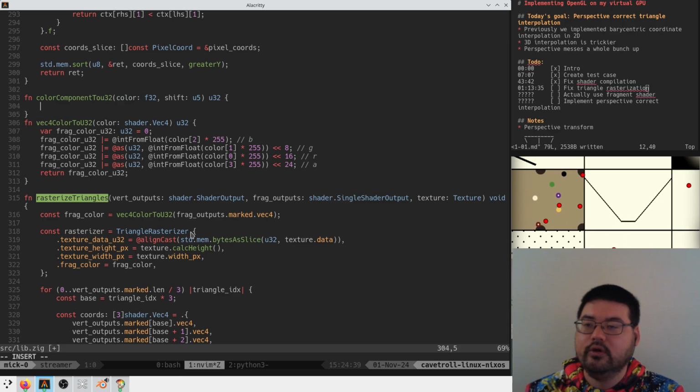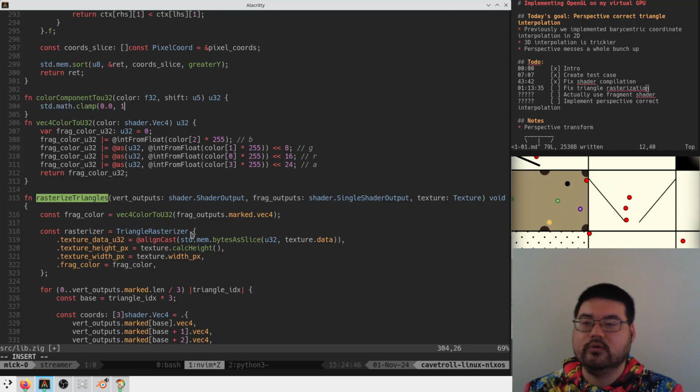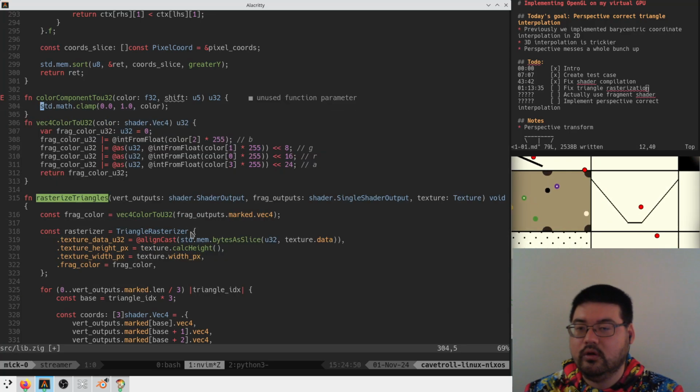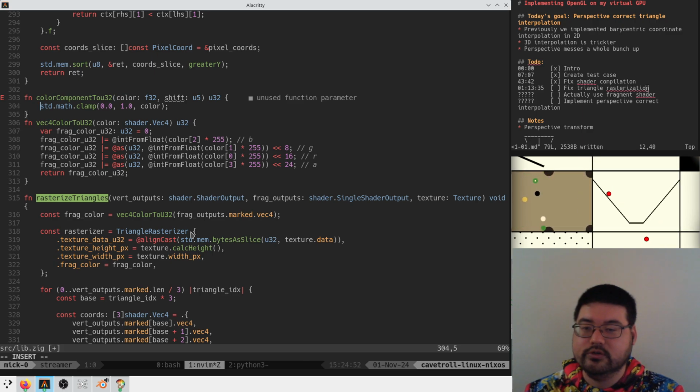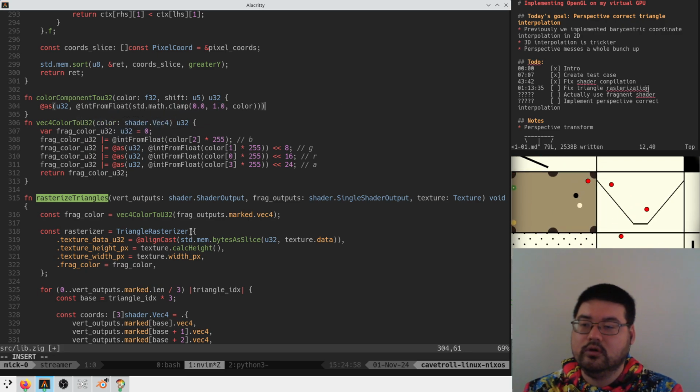And we do clamp. We clamp the color from 0 to 1. And then we do as U32, int from float, shift left by shift. Okay.